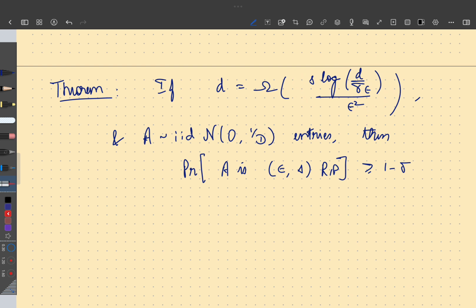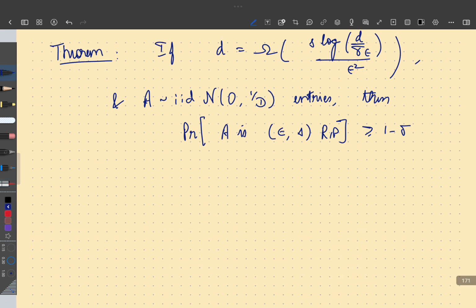It should hint that whenever you see something like something times log d by delta epsilon divided by epsilon square, there should be some concentration inequality in the proof, and that's exactly what we do.